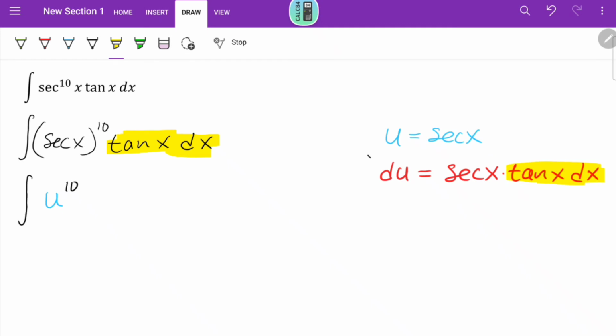But pay attention to this. Watch this. Follow me. We just said let u equal secant of x, right? And here we have du equals secant of x times tangent of x. What I'm going to do is divide both sides by secant of x.